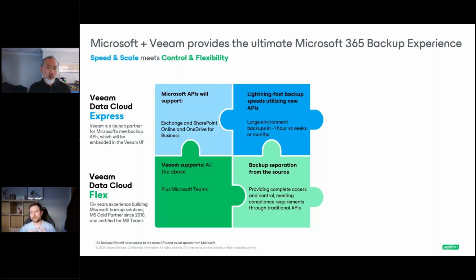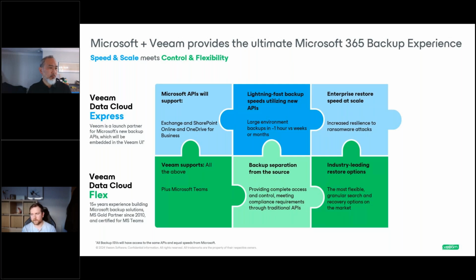But because that data still resides within the M365 tenant, that can create some risk there as well in terms of if the tenant becomes completely unavailable. So that is where Flex still adds that value, that you can have that copy of data egressed out and stored at whatever, because Veeam Data Cloud uses Microsoft Azure, that can be stored within any Azure region that we support around the globe. If you go on to the next piece for me.